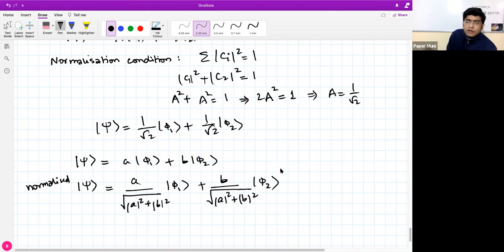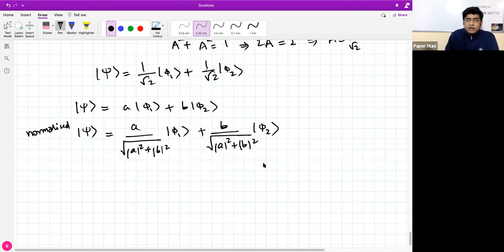And if you have not just 2 states but more than 2 states, in that case you can simply write it like this.